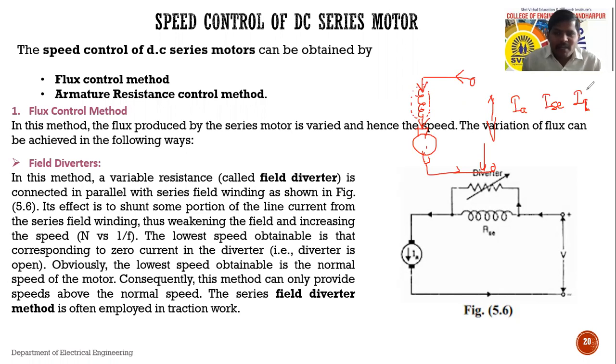Same. That means IA equals ISE equals IL. Okay. So see, if we want to change the flux produced by this series field winding, what do we have to do?